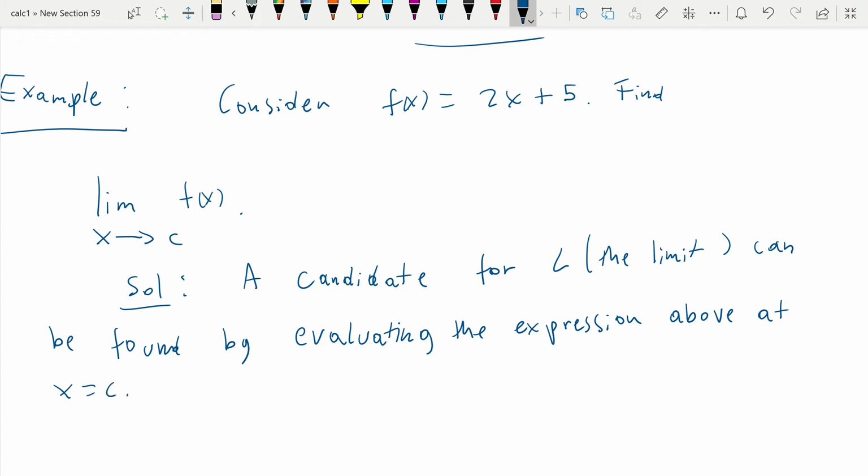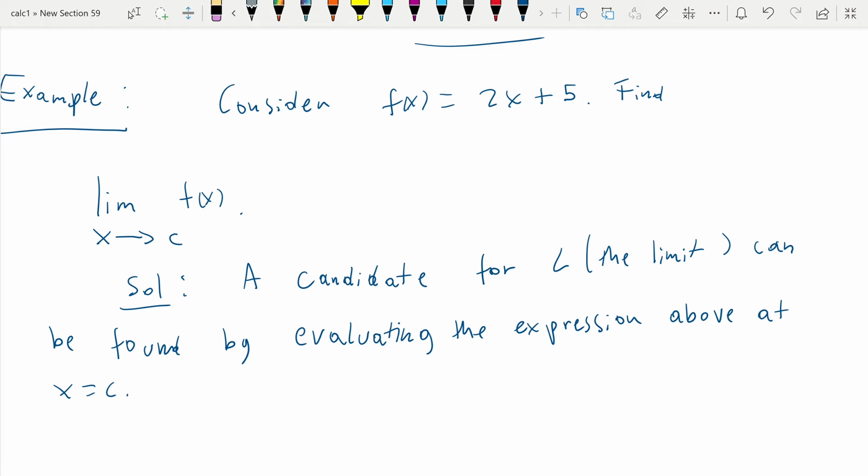To find the limit, we can simply evaluate the expression that defines f at x equals c. We suspect that to be the actual limit, but this is not a proof right now because we're trying to do everything rigorously.